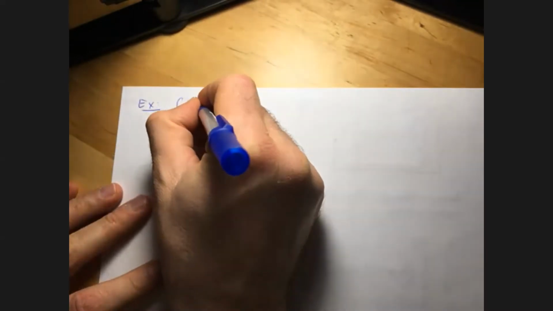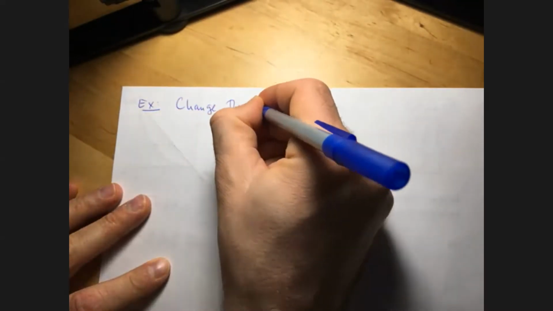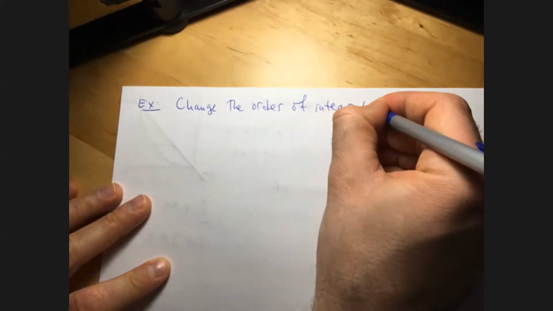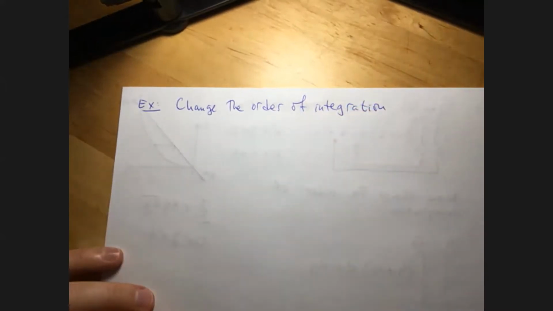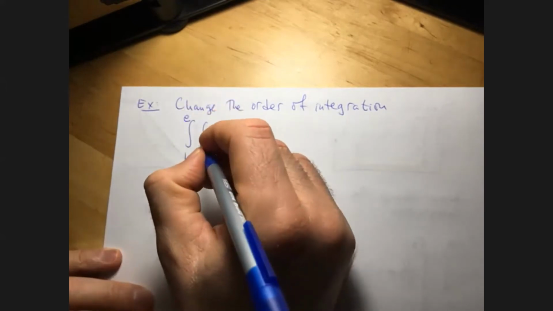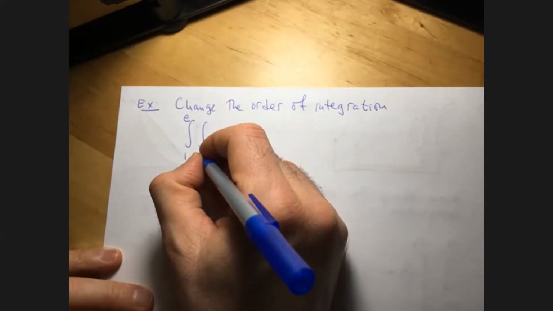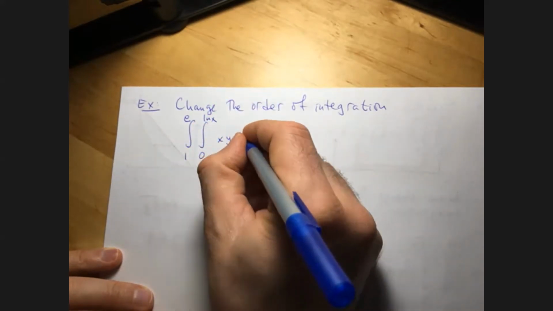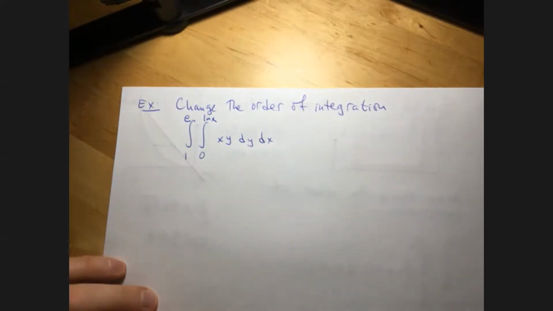So let's do another example. Change the order of integration for the integral from 1 to e, 0 to ln of x, xy dy dx.